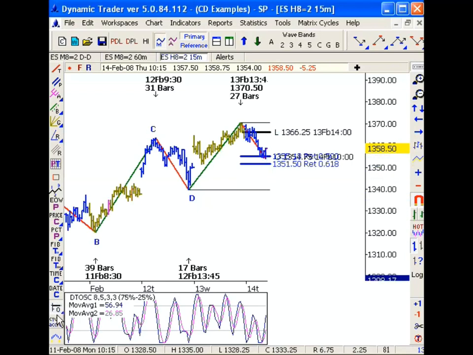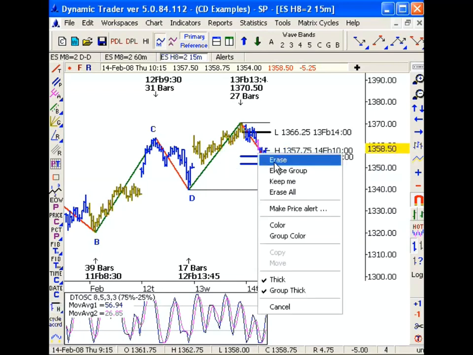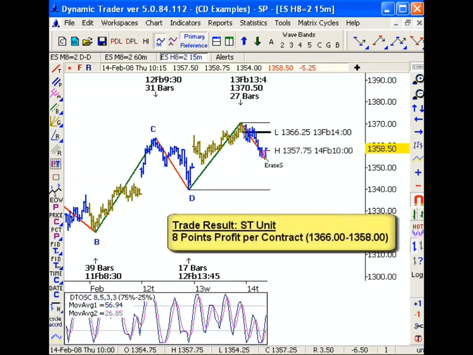Let's see. Oh, I had the wrong one. At 1358. I'm just going to clean the chart up. Short 1366, exited 1358 for an 8-point gain on one of our units that was short.